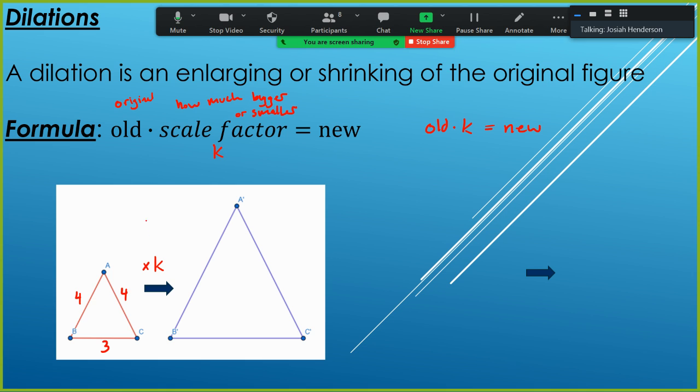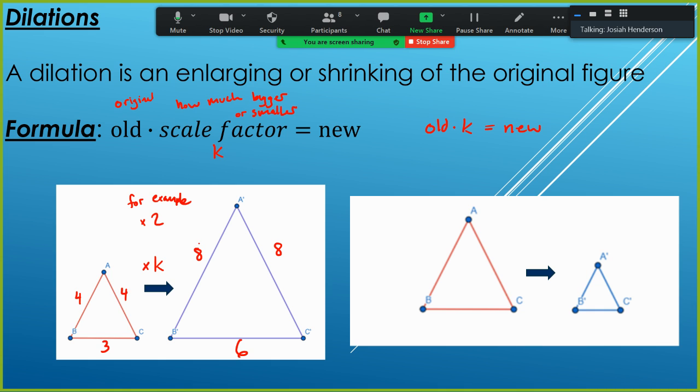If I multiplied it by, maybe my K is 2, for example. So we know from our earlier work with dilations that this is going to multiply all the side lengths. They'll be 2 times bigger. So instead of 4, 4, and 3 for side lengths, my new blue resulting figure is 8, 8, and 6. So it's like taking the original, multiplying all the sides by K, and it gives you the new figure.